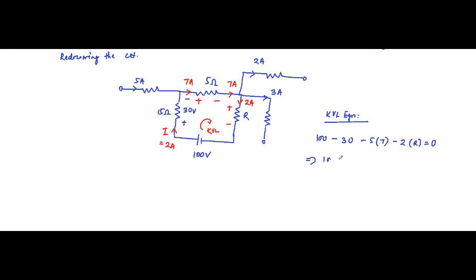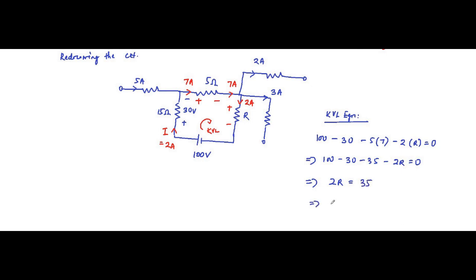That implies 100 minus 30 minus 35 minus 2R equals to 0. That implies 2R is equal to 100 minus 65, which is equal to 35. Okay, 100 minus 65 is equal to 35.